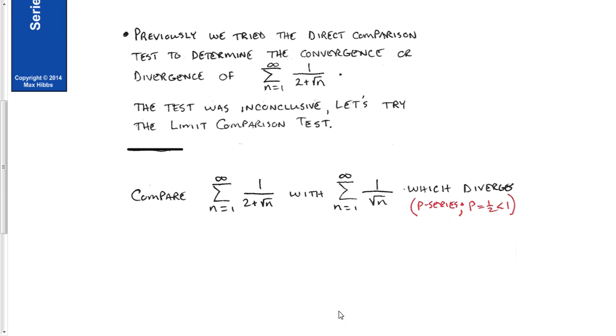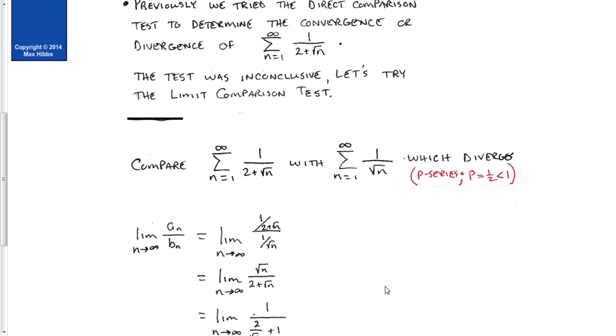So if we look at the limit, remember what the test is. The test is to look at the limit of the a sub n's over b sub n's. Here's the a sub n's, here's the b sub n's. If that limit is positive and non-infinite, then they will either both converge or both diverge, and we already know one diverges. So they'd have to both diverge.